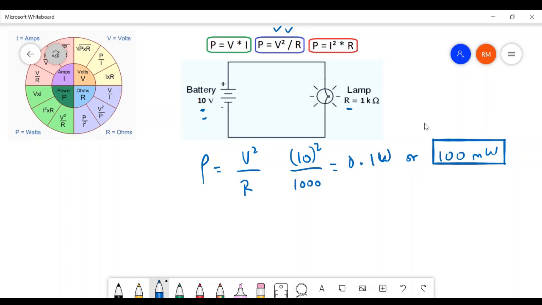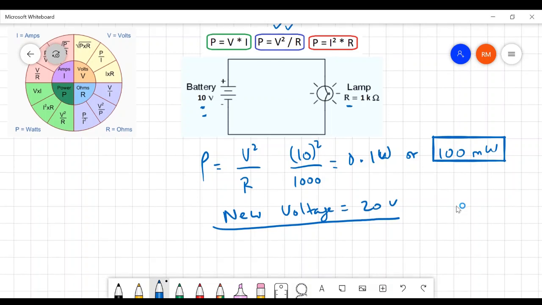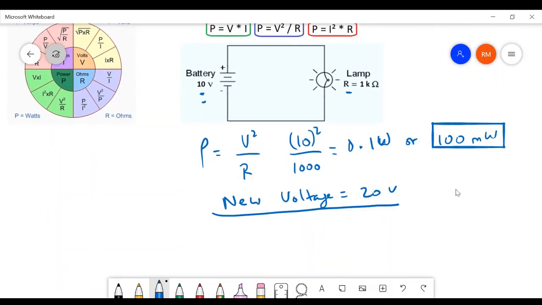Do you think your electric bill will double if you double the voltage? Let's double the voltage to 20 volts. We'll keep the load the same and we'll see what happens.